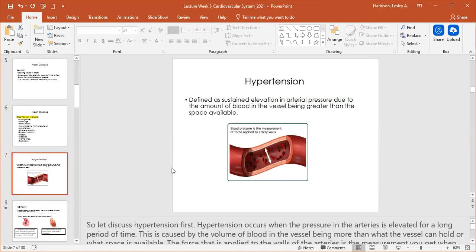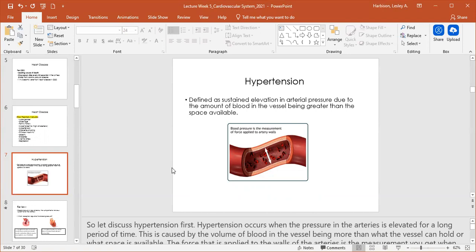Hypertension is defined as sustained elevation in arterial pressure. So that is the pressure inside the arteries due to the amount of blood inside the vessel being greater than the space available. So think about a water balloon.